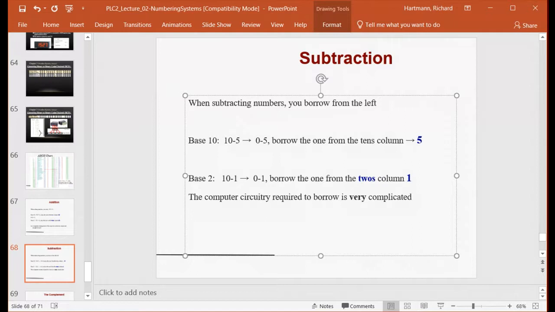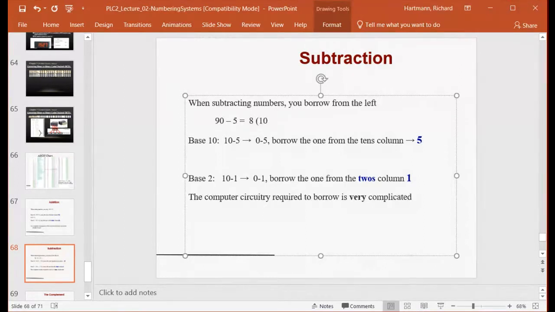So let's say that you were doing something like 90 minus 5. Let's try something like that. So what we're going to do is borrow 1 from the tens column, which would give us an 8.